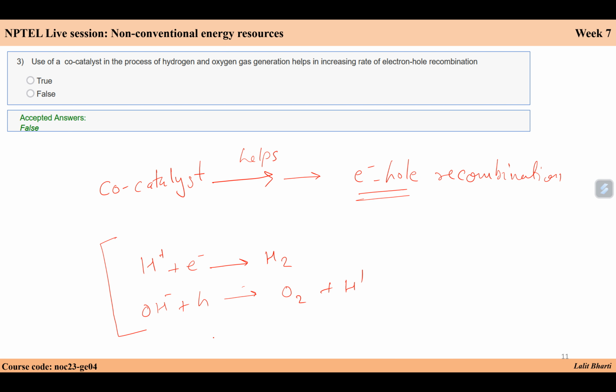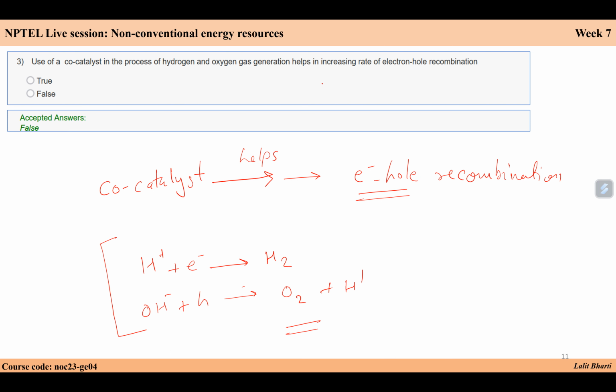But if our electrons and holes get self recombined, we will not get electrons and holes to complete our reactions, and we will not get this H2 and O2. So co-catalysts enhance the rate of reaction, but this statement is the opposite of that.